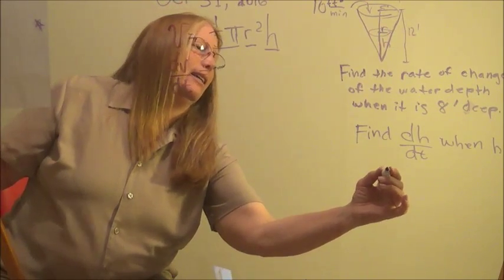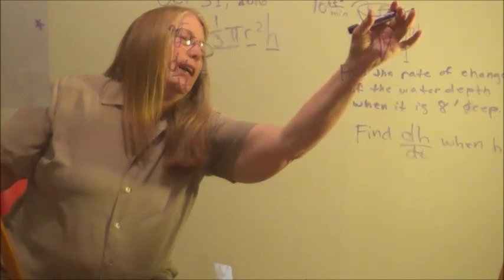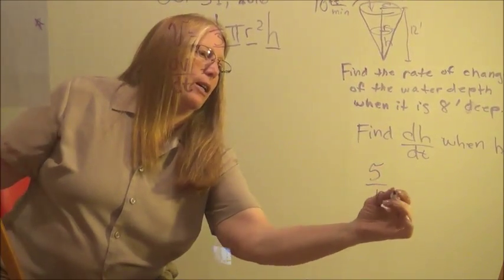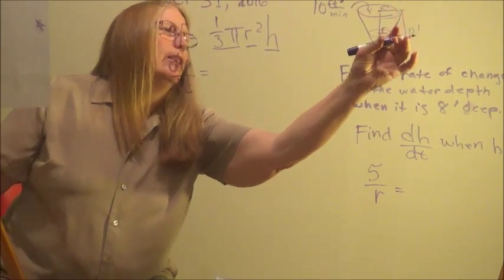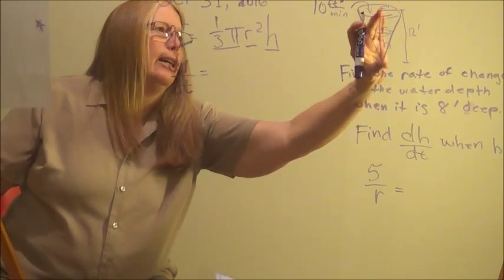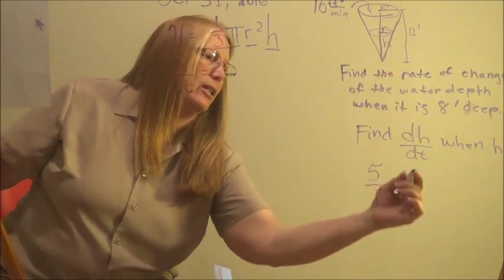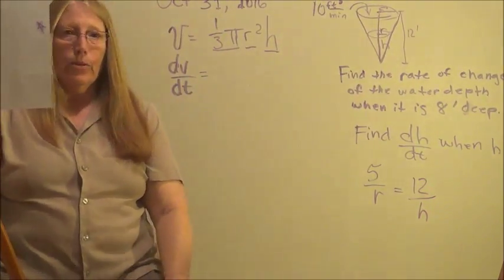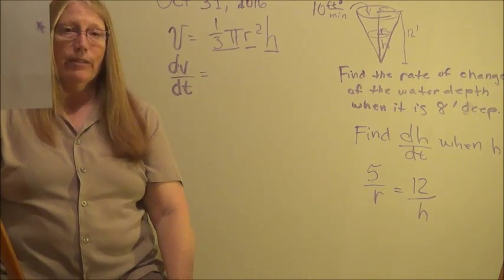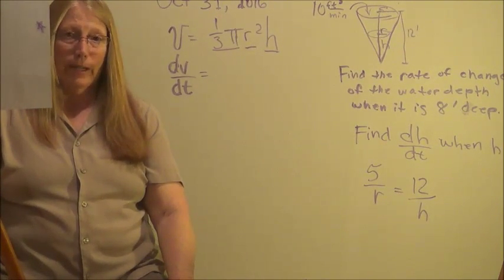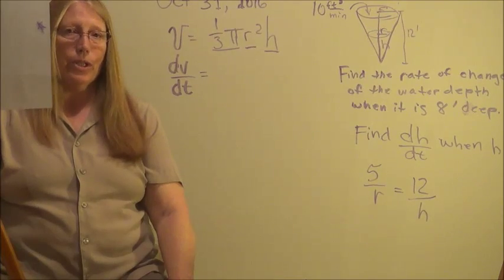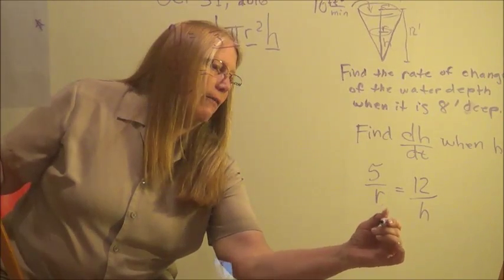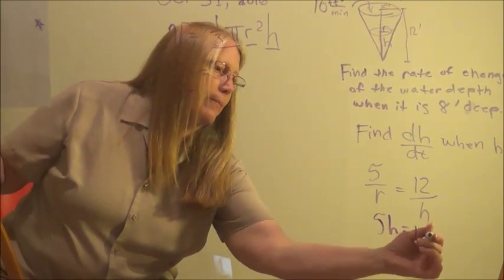So we can say 5 is to r, those are the 2 radii, and then the heights, 12 is to h. So at any point in time, the right triangle within the right triangle are similar triangles, and they are proportional. So I set up this proportion, cross multiplying, I get 5h equals 12r.